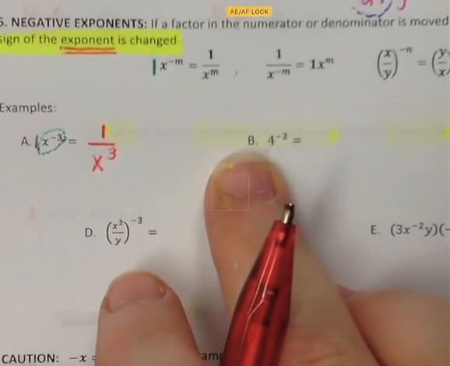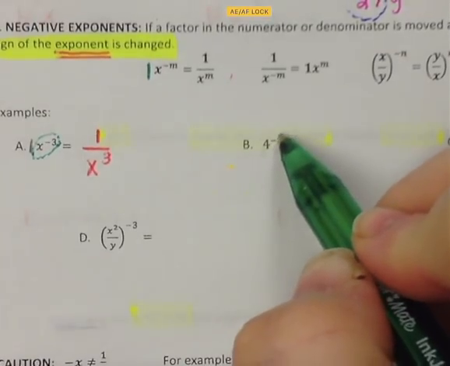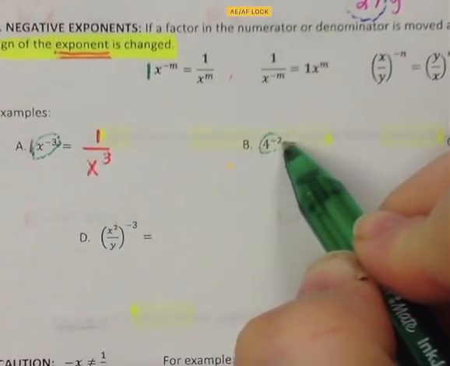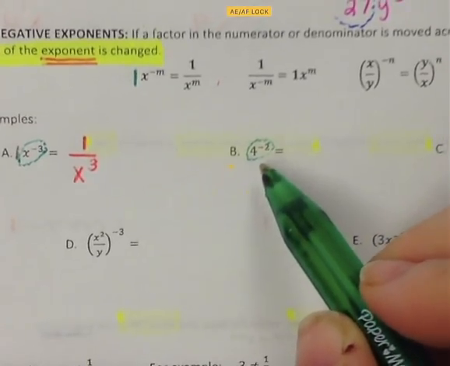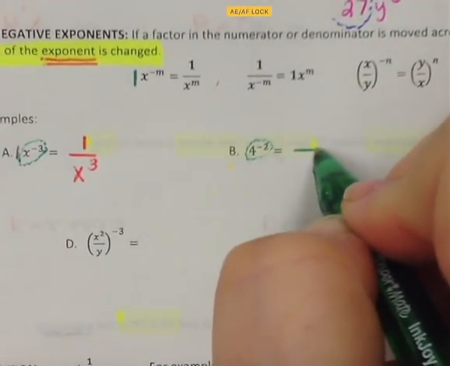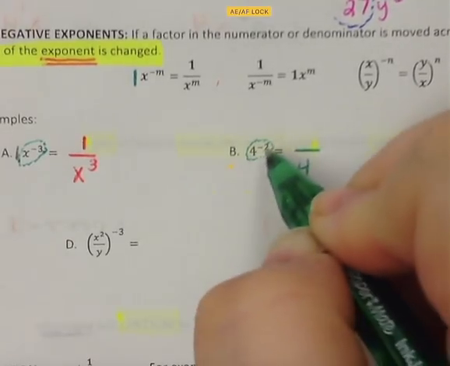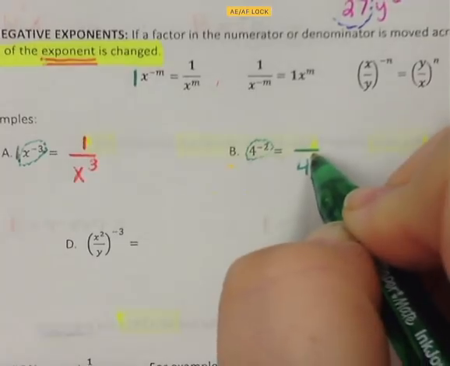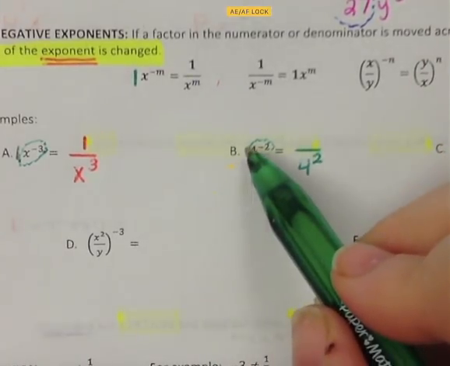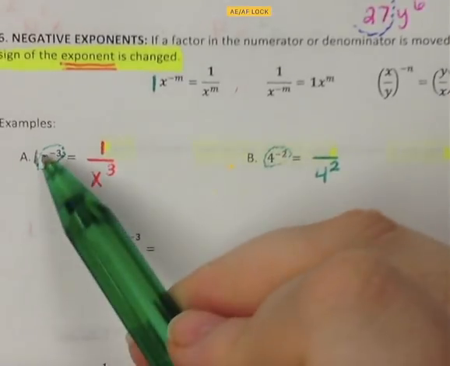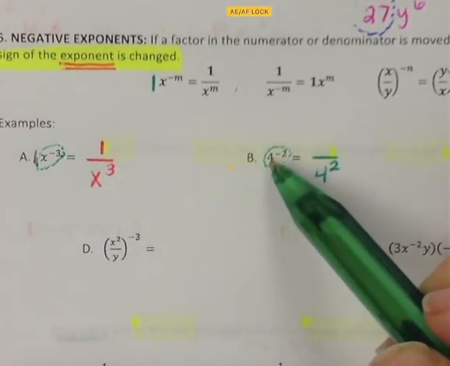On example B, again, we're going to look to see what is attached to this. Negative 2 is attached to the 4. And right now, it's in the numerator of the problem, so it does have to go to the denominator of the problem. So the base is a 4, and then it becomes to the power of a positive 2. Now the question is, what is in the numerator? Well, we can think about this as, earlier we had 1 times x. Well, this can also be a 1 times 4.